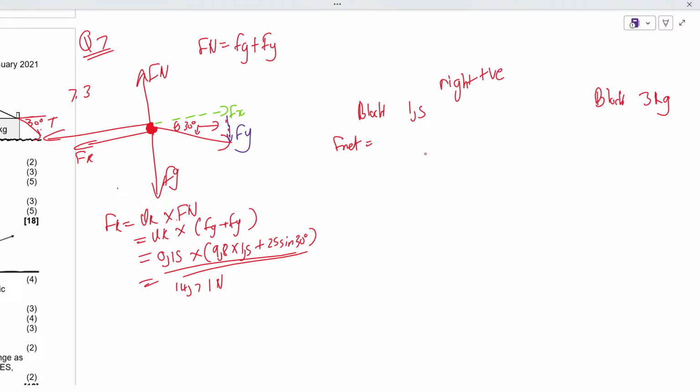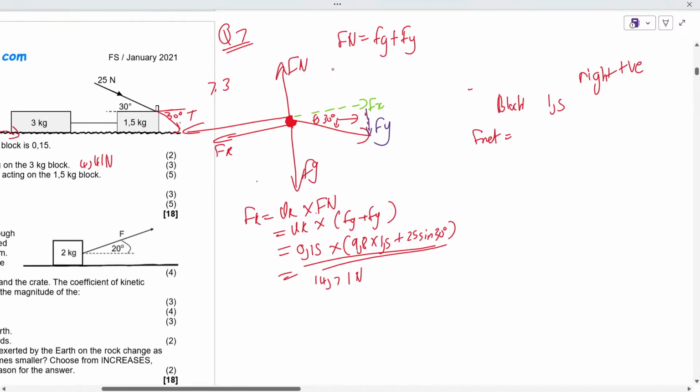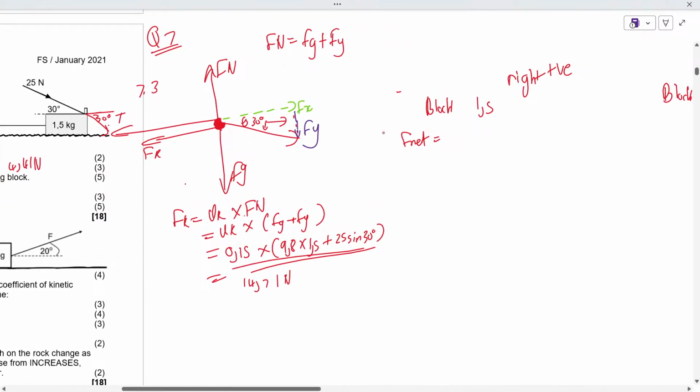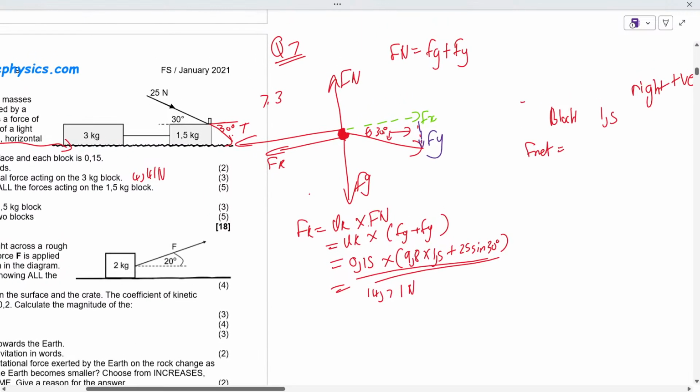And then we substitute from the free body diagram that we drew on the 3 kg. We can also draw the one for the 1.5 kg.